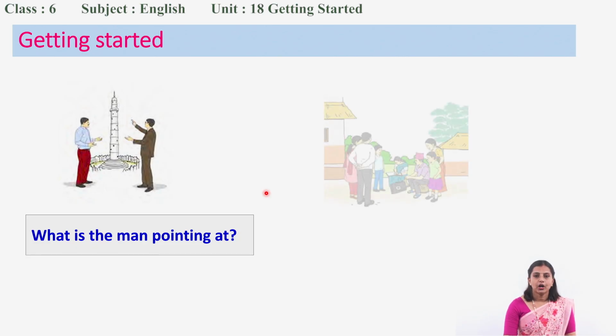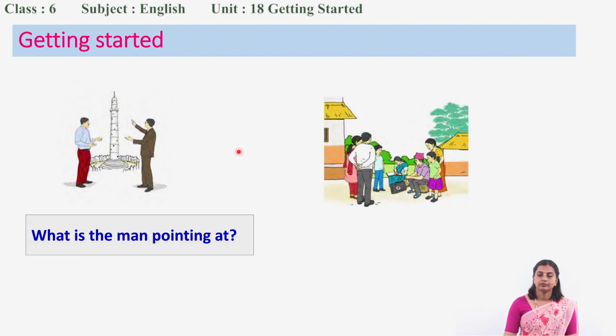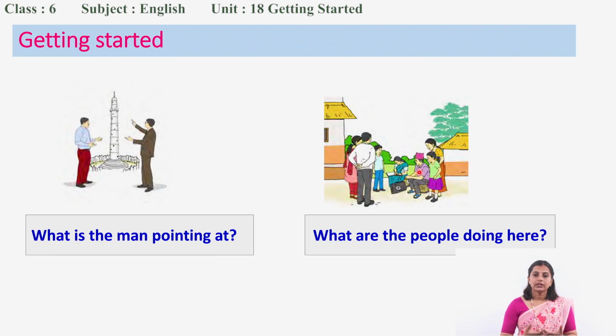Now the next one. There are many people here, right? And there is a woman who is writing something. So tell me, what are the people doing here? A meeting?